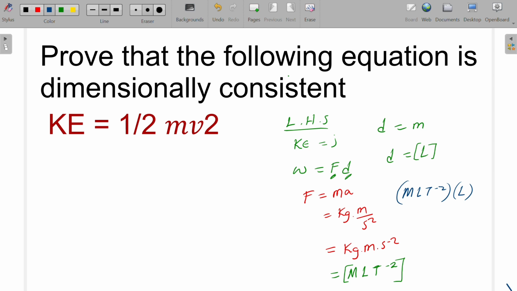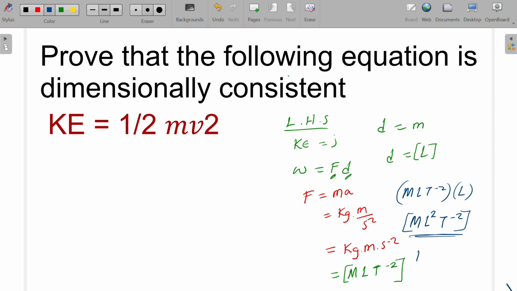When we do our mathematics here, you find that we're going to get M L. Now, L multiplied by L will give us L squared, and T to minus 2 on the other side is what we'll get. So now these are the dimensions we have for kinetic energy.